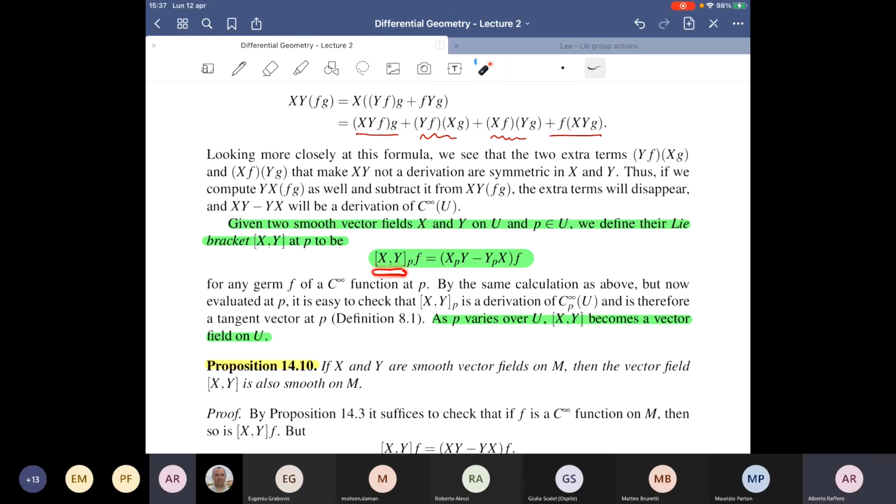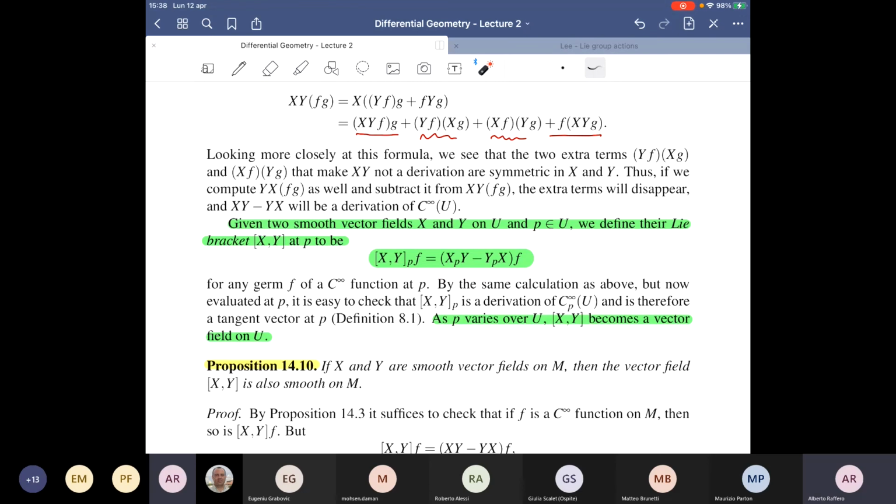So this is a derivation. At the point P, it would be just this expression here. So you take the derivative of any function f with respect to X, and then you apply Y of P as a derivation on the function you obtain. And you do the same also for the first summand.